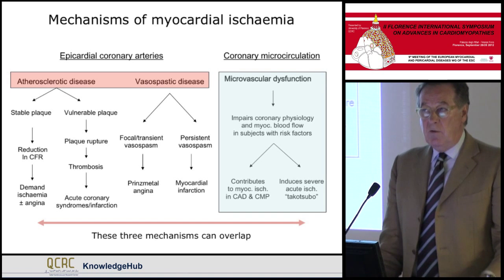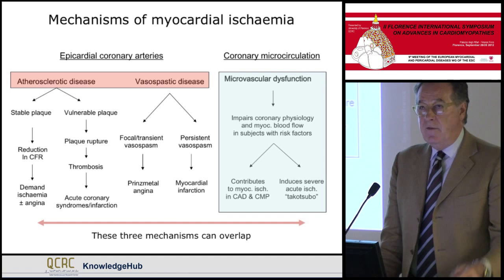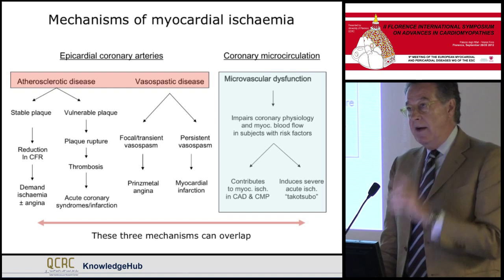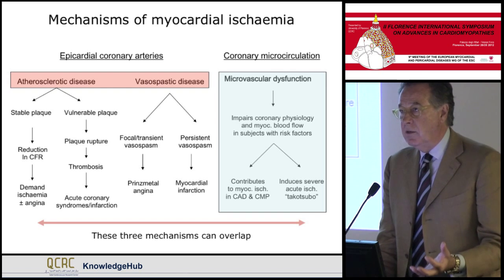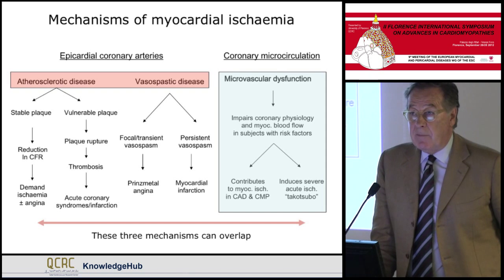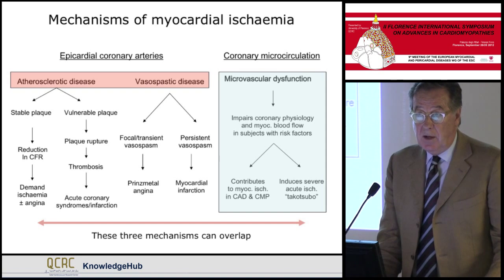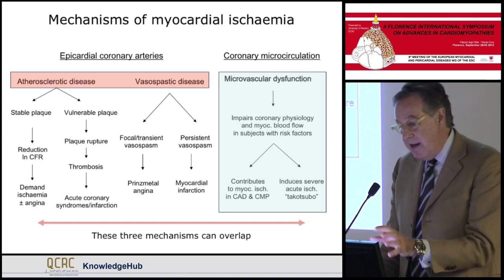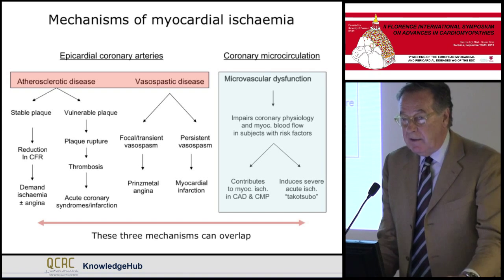And this contributes to myocardial ischemia, which is observed in cardiomyopathies. You can have another form of microvascular ischemia, which is more prolonged, and for instance, an example of this is Takotsubo cardiomyopathy. So this is my view. Maybe you don't agree, but this is trying to put some order in an evolving field.